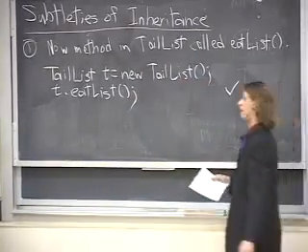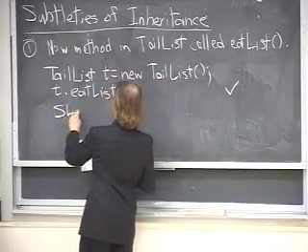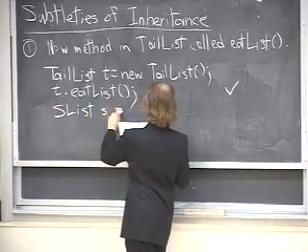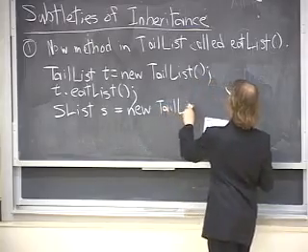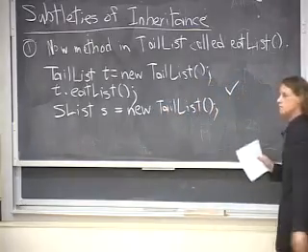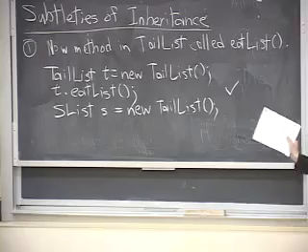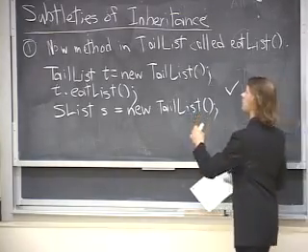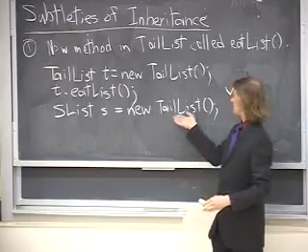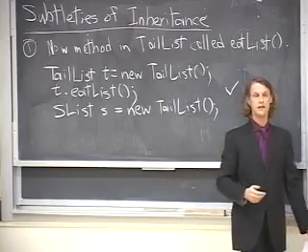But what if I declare an SList, s, and make it point to a new TailList? So now the static type is SList, the dynamic type is TailList. So since the dynamic type is TailList, we have a TailList object.